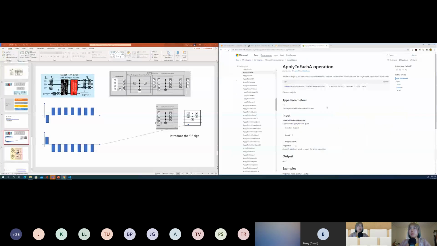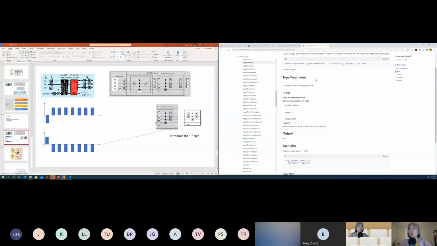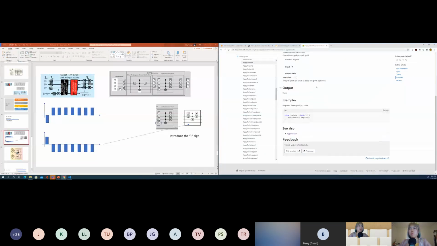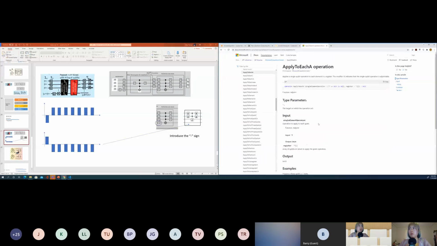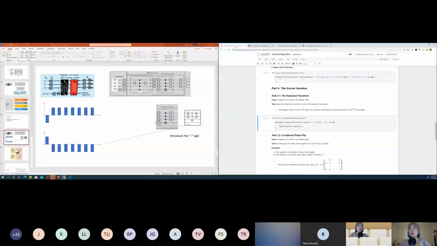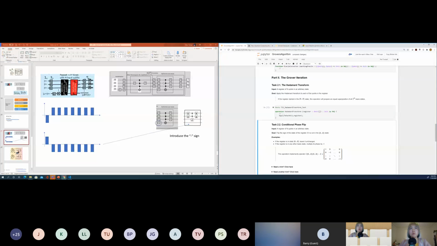This is the one we're using, and you can read about what this operation does. A here is just the adjoint, and we talked about adjoint some classes ago. So that's what you need for that step.